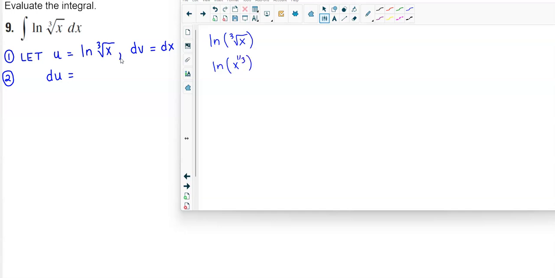So if we're going to take the derivative with respect to x, it's going to be 1 over x to the 1/3 power times, now we got to take the derivative of what's inside using the chain rule. So times 1/3 times x to the 1/3 minus 1, which is 3/3. So simplifying this a little further, we have 1 over the cube root of x times 1/3 times x to the negative 2/3.